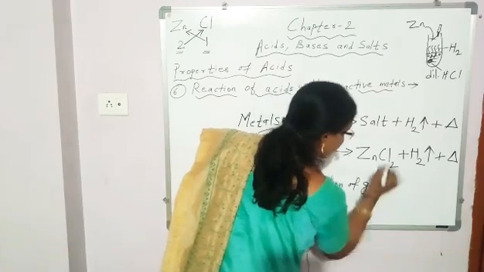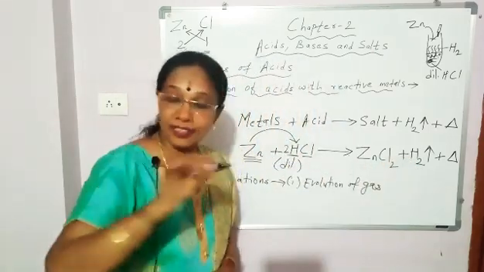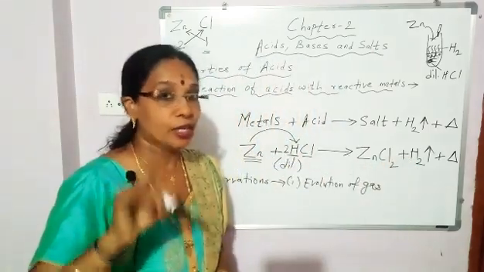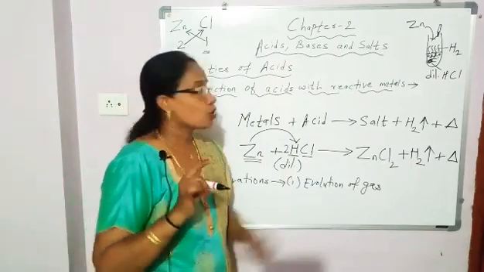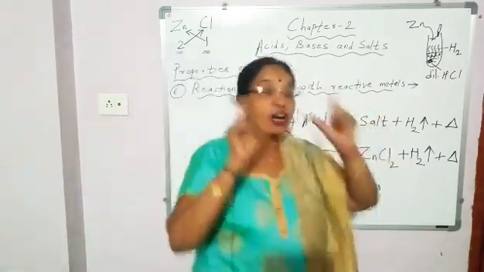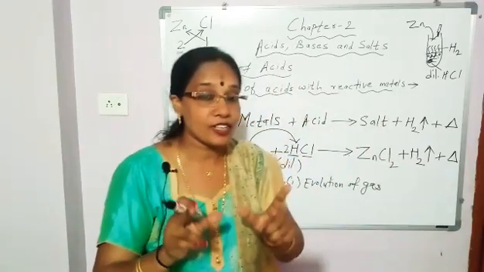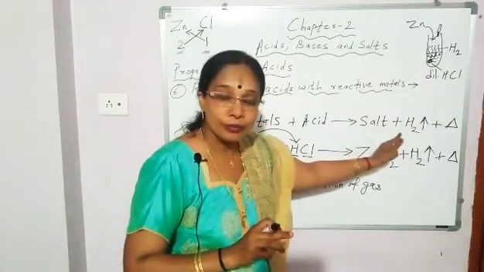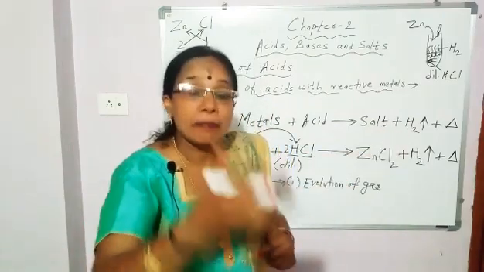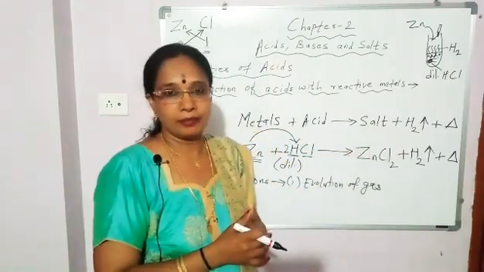Students, this observation, which is also called characteristics of chemical reaction, you have studied in chapter 1. So what is the observation? Observation or characteristics of chemical reaction, what does it mean? When a chemical reaction continues, some observable change takes place.